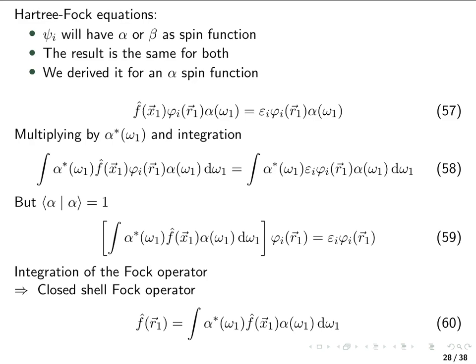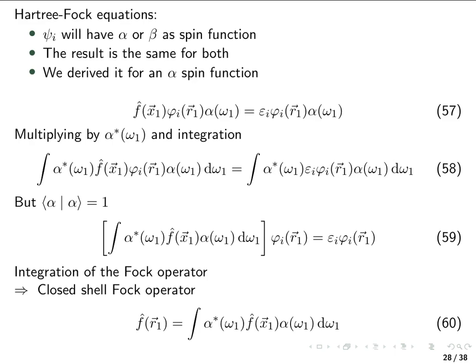Now on the left hand side we have this integral here. We can again take the spatial orbital out of the integral, because we integrate over spin, and the spatial orbital obviously does not depend on spin.